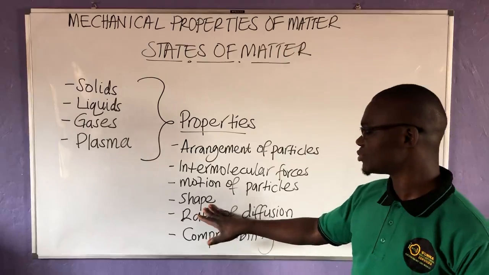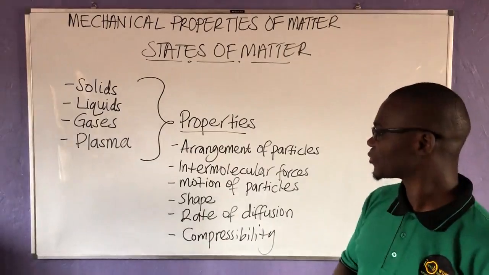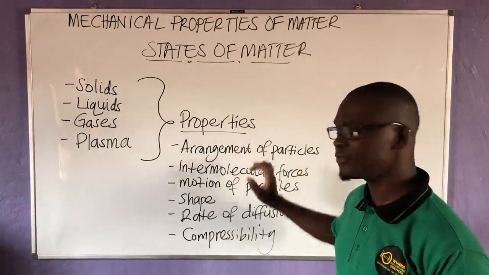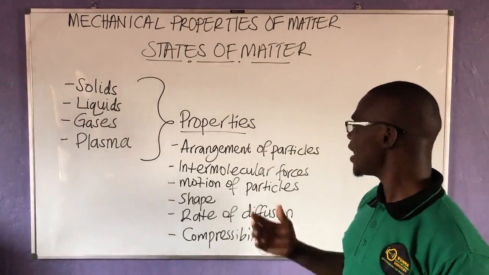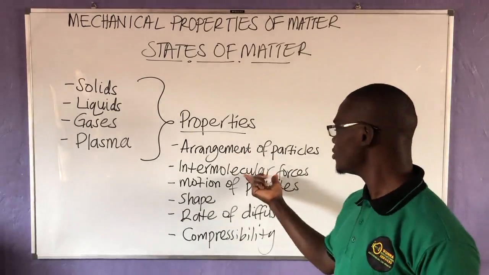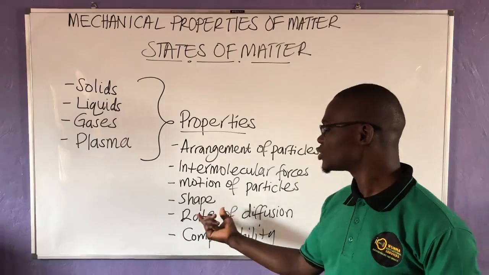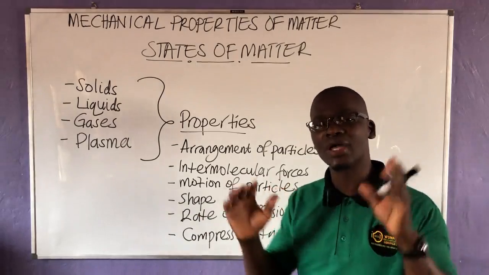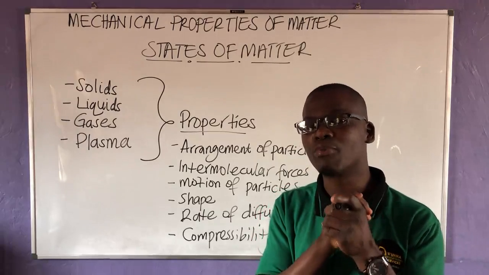When we look at the shape of the states of matter, still the shape depends on the arrangement and intermolecular forces. For instance, in solids, where we have tightly packed particles with strong intermolecular forces, that means that solids will have a definite shape because their molecules are bound together to form a solid block with a shape.